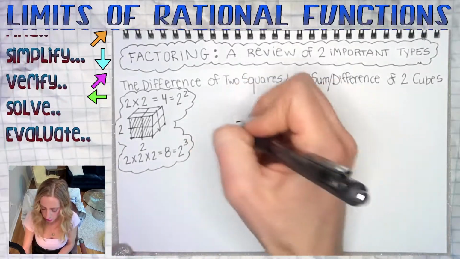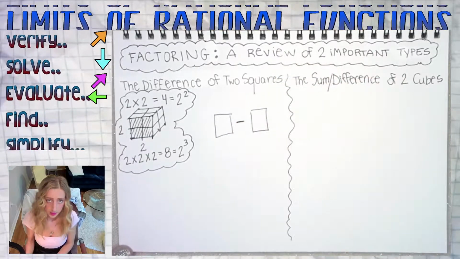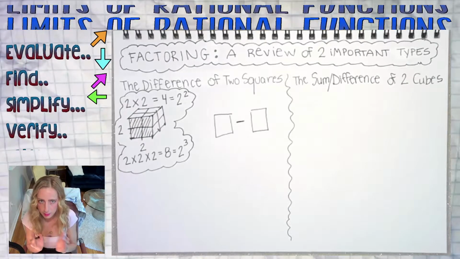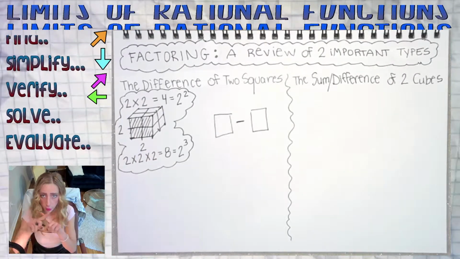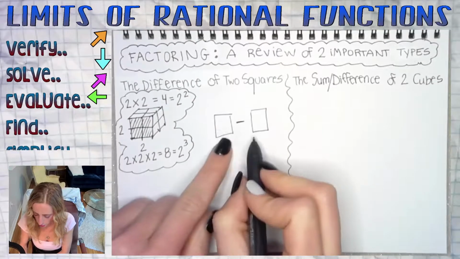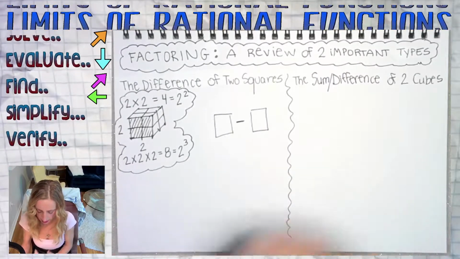So the difference of two squares, well, does it mean this? Not quite. I mean, in a sense, sure, something by itself, right? 2 by 2, even the dimensions of wood at Lowe's or wherever you go, right? So something squared, something squared. What could I use?